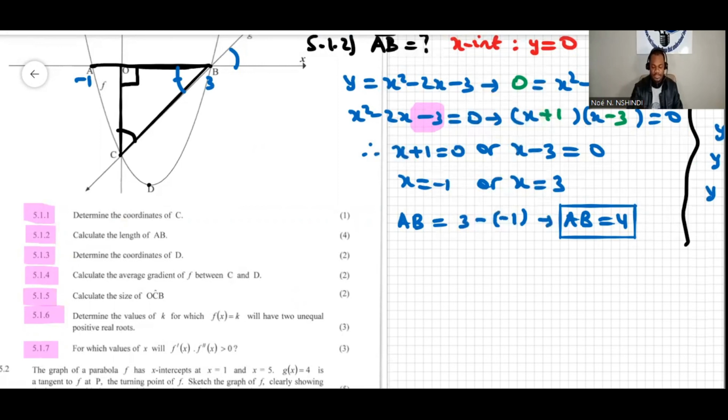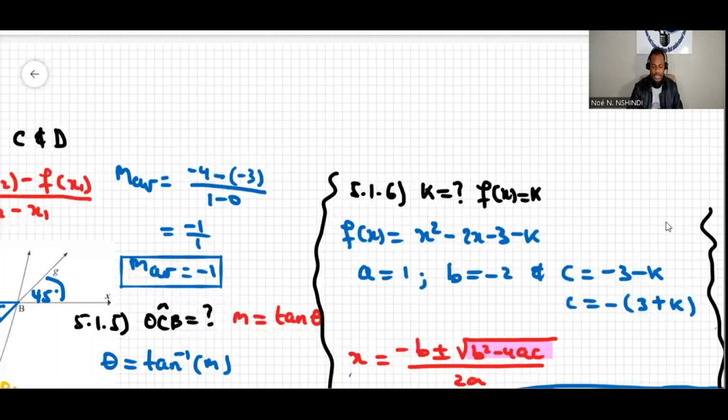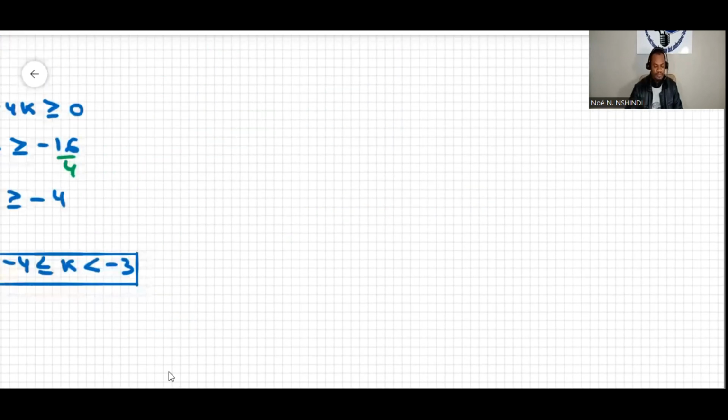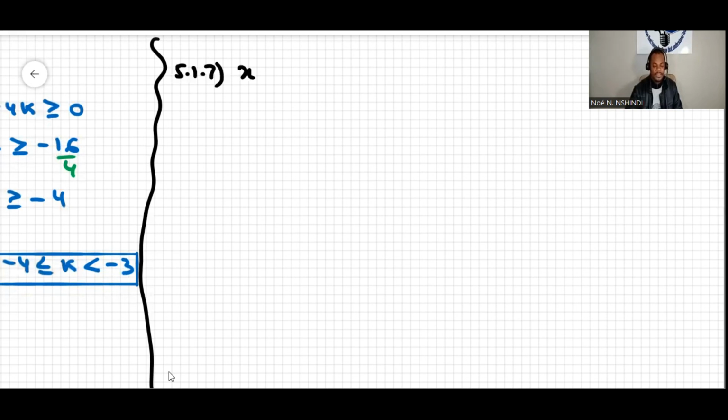Now let's see. So we're looking for the value of x for which f prime of x times f second will be greater than 0, in other words, positive. Now f of x was given by x squared minus 2x minus 3.